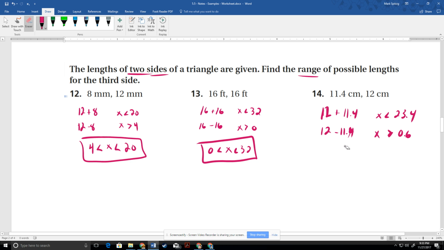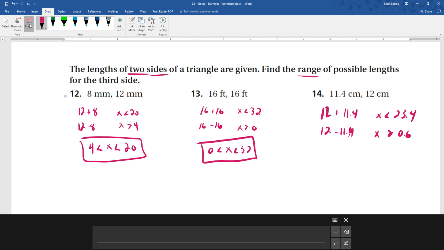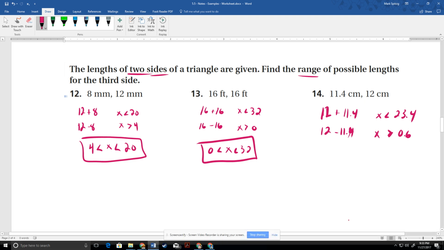And we'll get rid of this down here. I did it over there. And so we write our inequality as 0.6 is less than x, which is less than 23.4. Essentially, x has to be between 0.6, or 0.6 is fine, and 23.4.